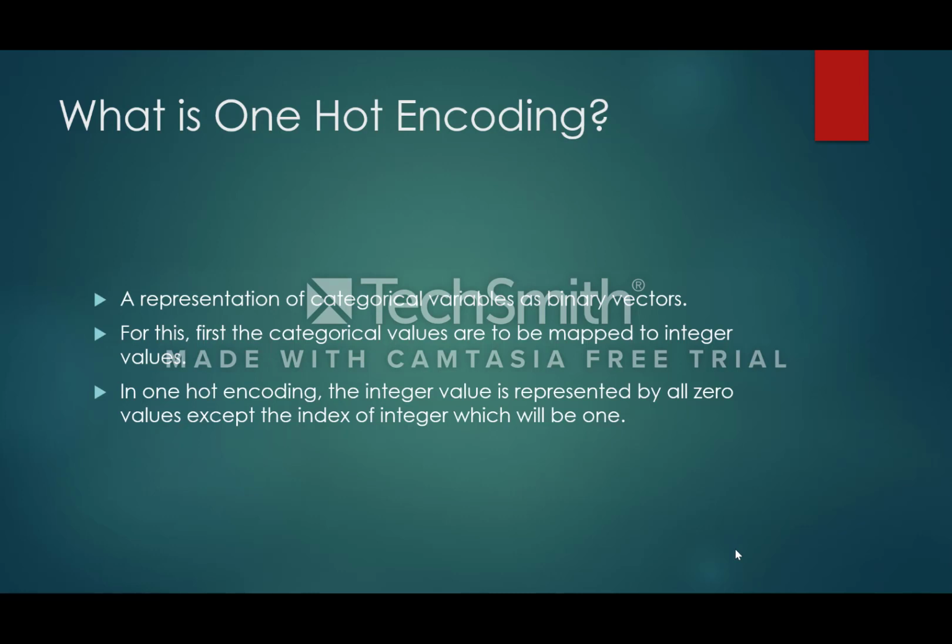Say there are three categorical variables, then we map them to integer values like 1, 2 and 3. Because we have three integers, we convert this to a binary vector with length 3. Obviously all the values are going to be zeros, except the integer index, which is going to be 1.